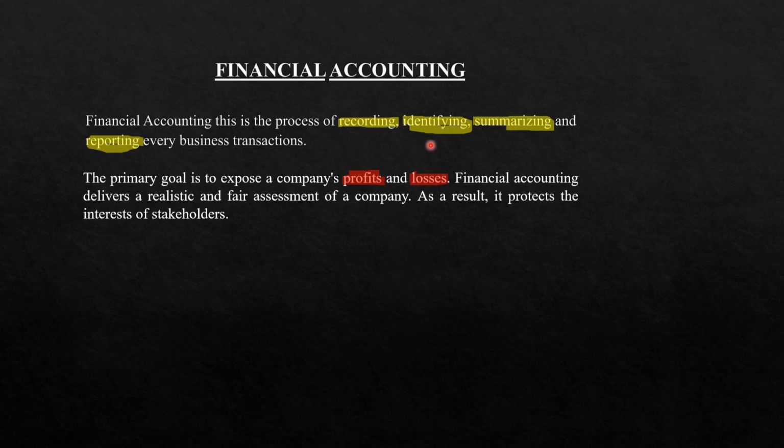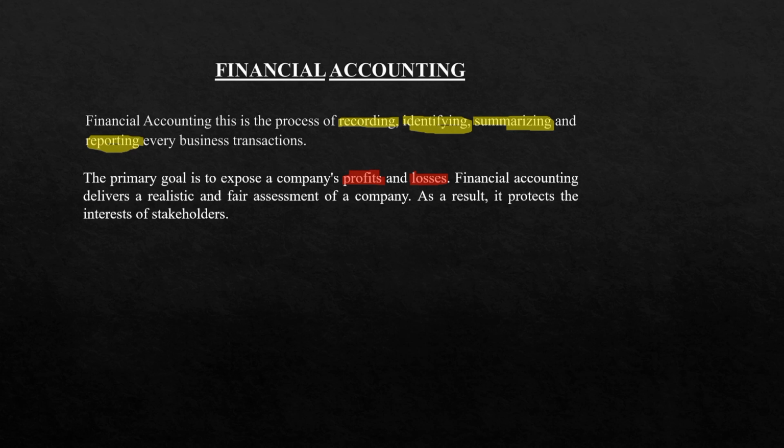You are recording, you are identifying, you are summarizing, and making some reports. From there, the reports will show that, okay, this is what happened in this year, this is what happened in this month, this is what happened in this week, and this is the money we generated after doing all these transactions. So you tell how much money you spent and how much money you earned into that particular business of yours.